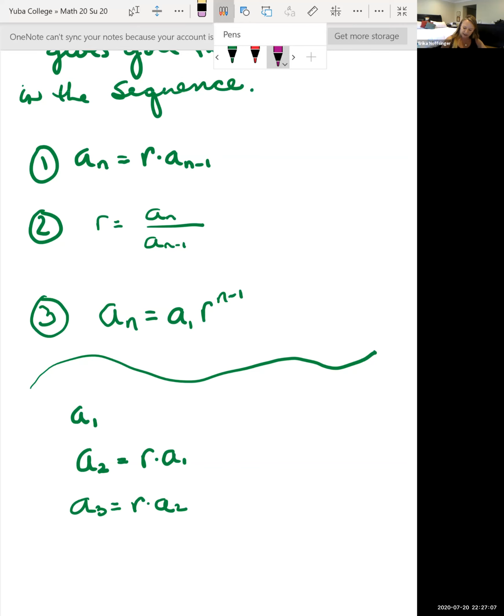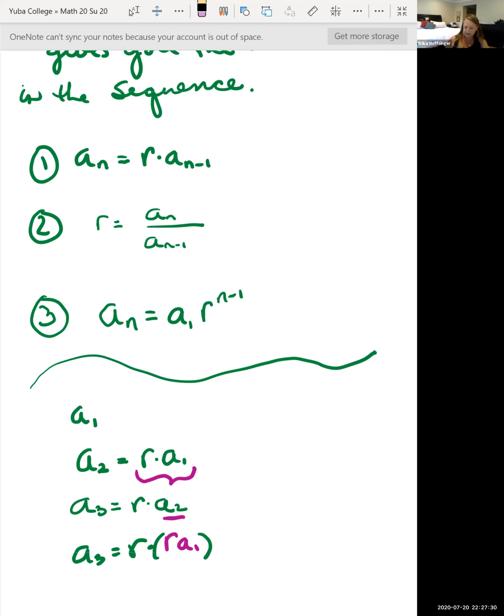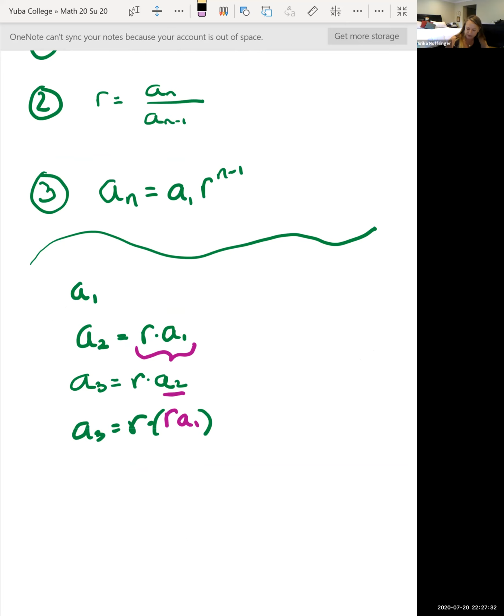I know what a sub 2 is though. A sub 2 is the same thing as R times a sub 1. So I can rewrite a sub 3 as R times a sub 2, which is R times a sub 1. So a sub 3 is the same thing as R times R, which is R squared.